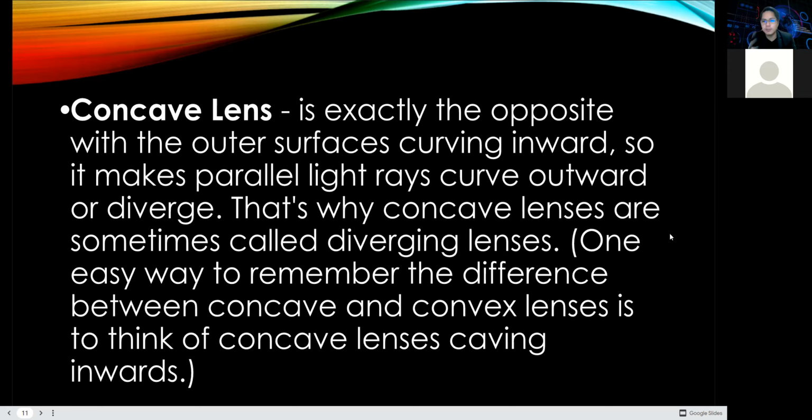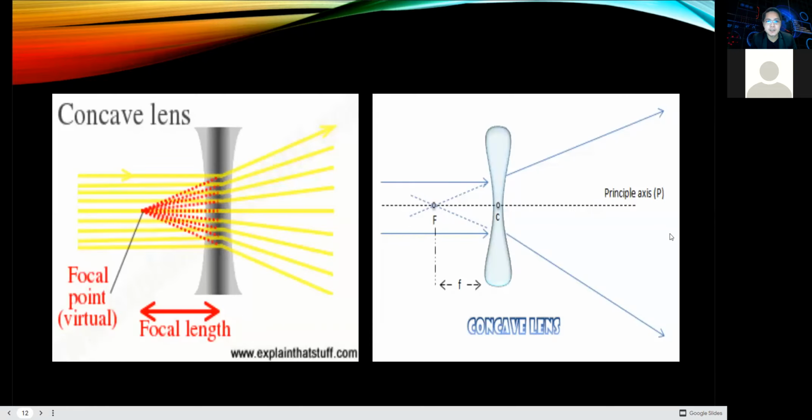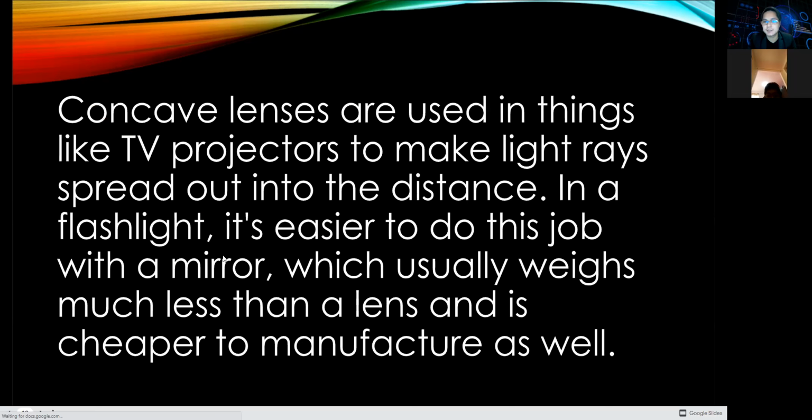So if you're going to observe a concave lens, you can actually observe an inward outlook of the lens. Okay, so since this lens has an inward appearance or an inward outlook, it scatters light. Okay, it scatters light, it diverges light, right?